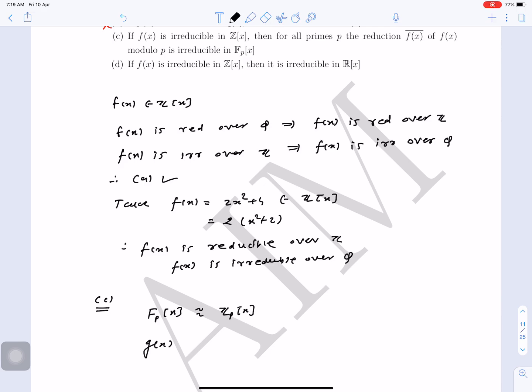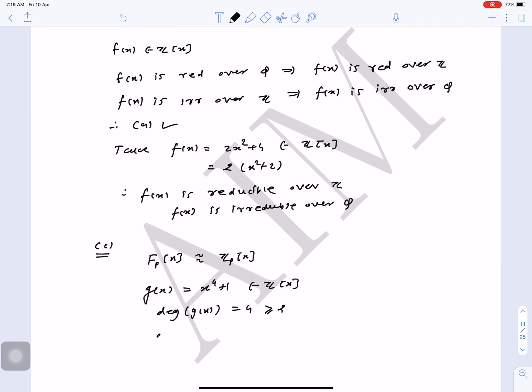Consider g(x) is equal to x raised to 4 plus 1, so it is in Z[x], degree of g(x) is 4, which is greater than or equal to 2, and g(x) is irreducible over Z. So it is easy to see that g(x) is a polynomial of degree greater than or equal to 2 and it is irreducible over Z.